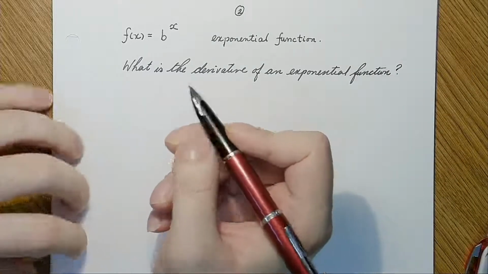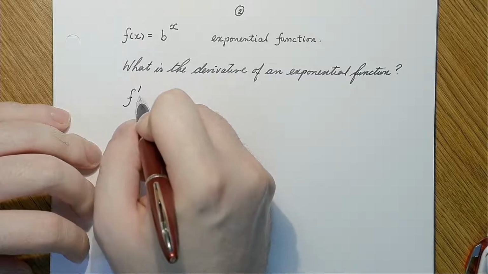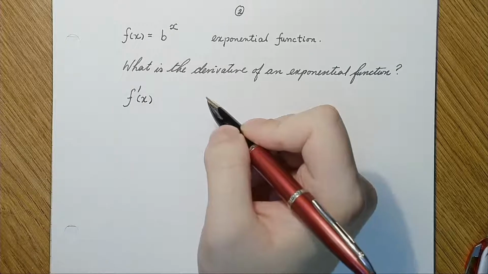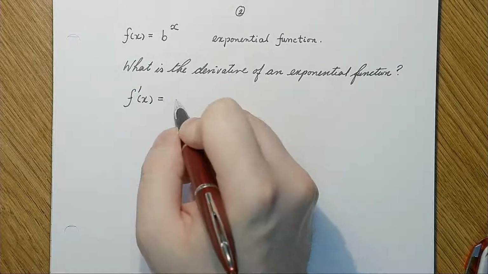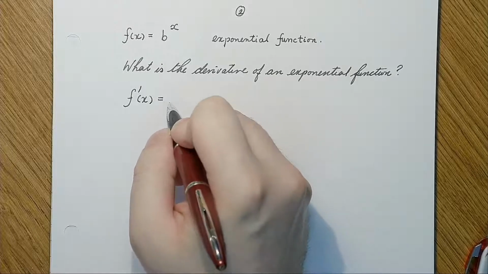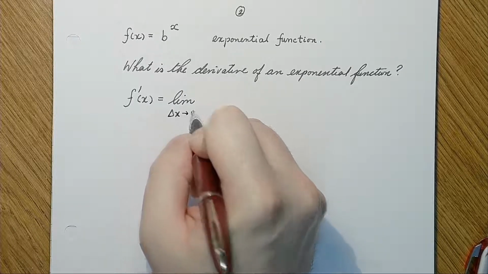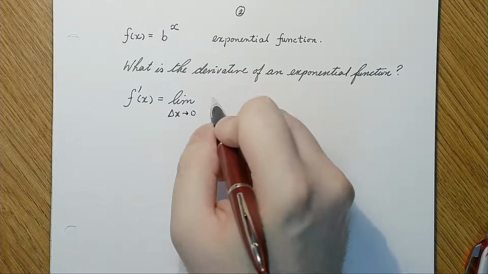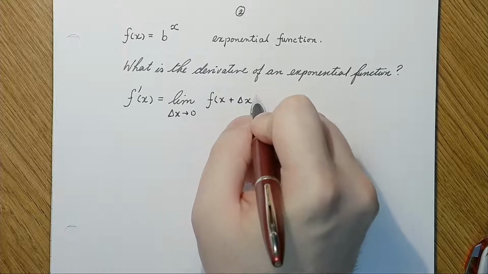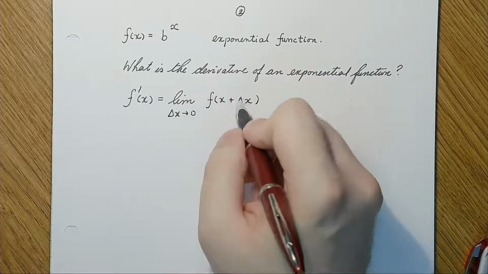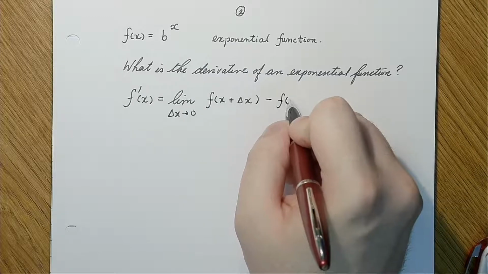Okay, so part of this is going to be review, which is what is our definition of the derivative? It's that limit as we let that delta x, that change in x, goes to 0 between some value of the function with a small change, and we're going to look at what that change is.